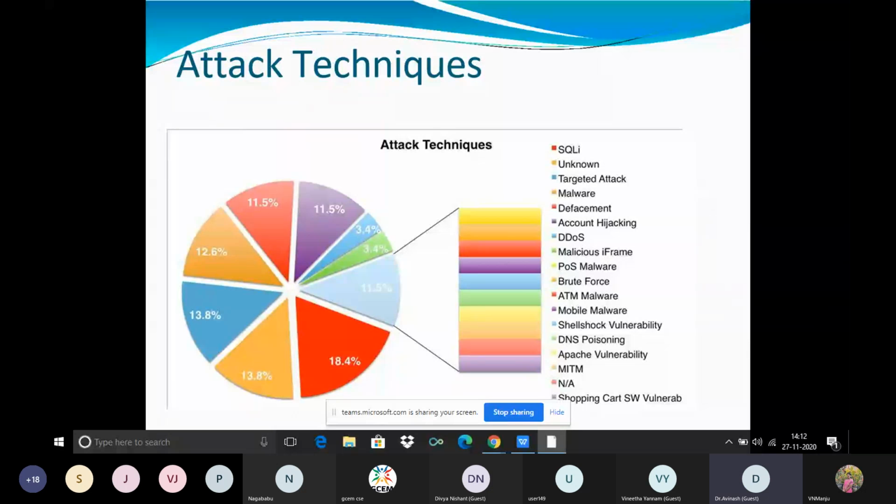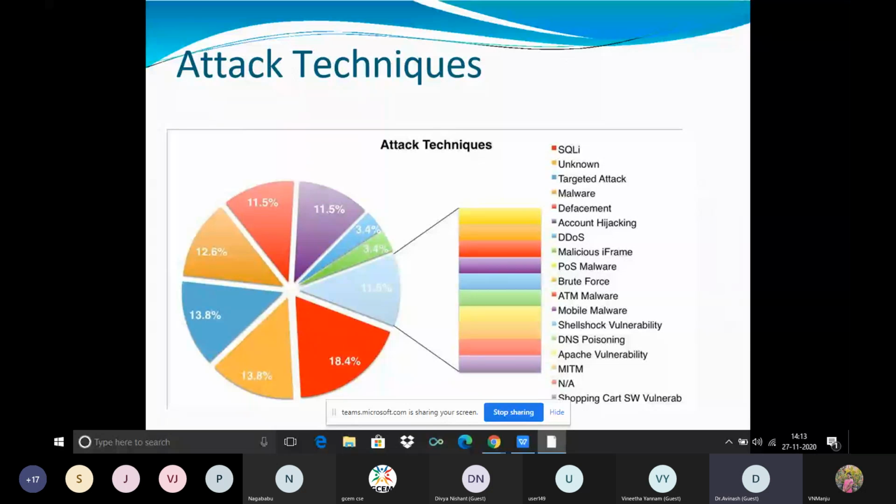In these websites, normally the users use their debit card or credit card numbers in order to purchase some items. So any attack which is planned on websites where we are purchasing through debit card and credit card is called a point of sale malware attack.